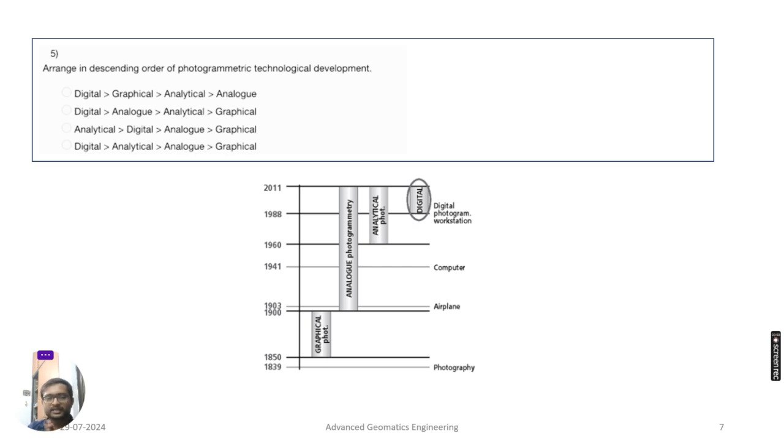Then we have analytical photography using mathematical models. And currently we have digital photographs, which we can use on our mobile phones, laptops or computers. So it evolved from graphical to analog to analytical and digital.